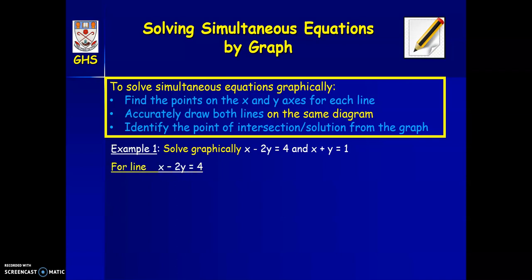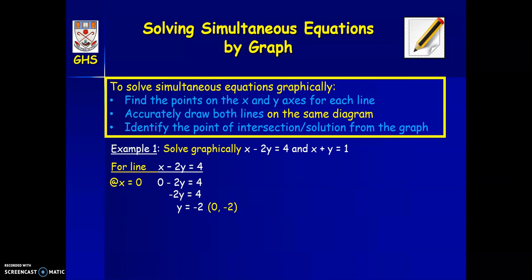So let's begin with line x minus 2y equals 4. So at x equals 0, the equation becomes 0 subtract 2y equals 4. Simplified, this is just -2y equals 4. And then we divide to get y equals -2. So when the x coordinate is 0, the y coordinate is -2.